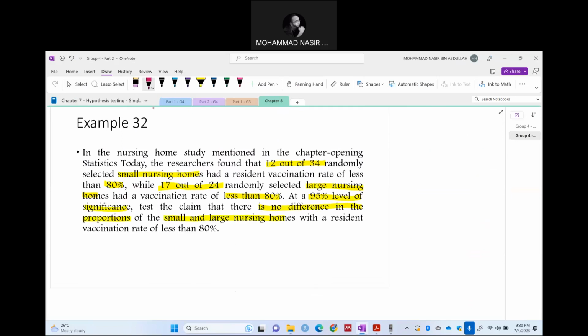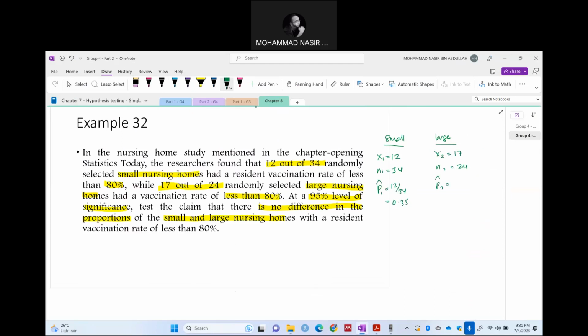So the first step is we collect all the data, small and large. X1 is equal to 12 and n1 equal to 34. X2 equal to 17 and n2 equal to 24. So p1 hat equal to 12 over 34 equals 0.35.